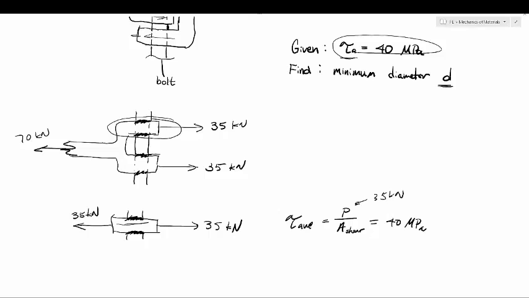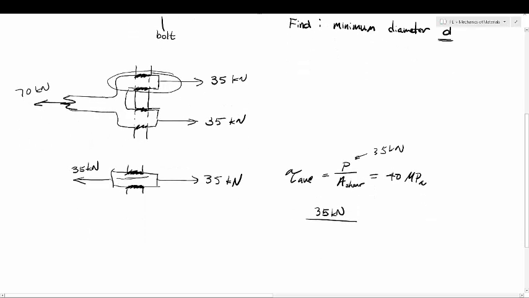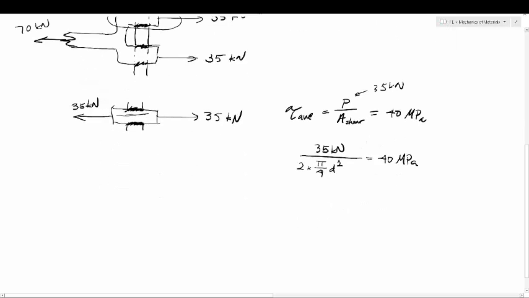So if we write all of that in, we have 35 kilonewtons divided by twice times pi over 4 times d squared, which is the area of a circle, and that equals 40 megapascals. Basically I just want to isolate d.